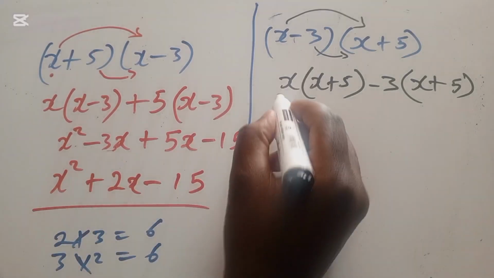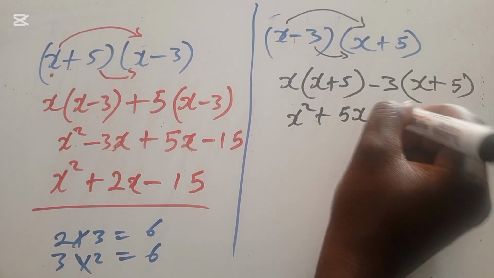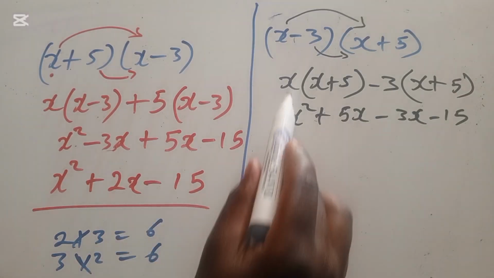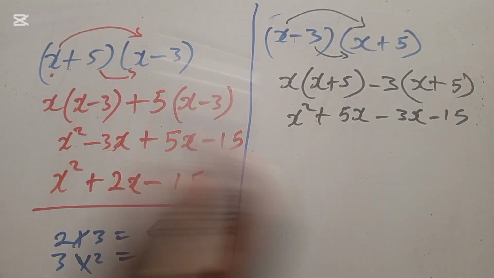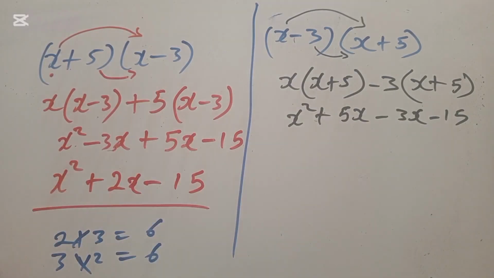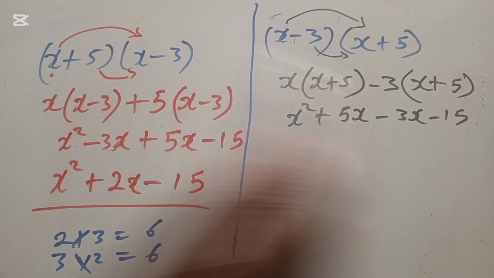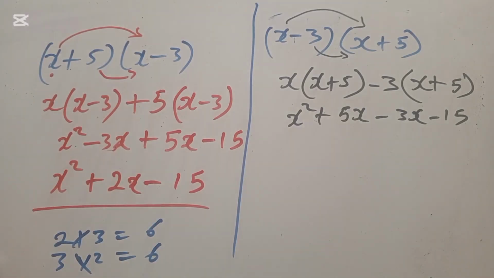Open the brackets. x squared plus 5x minus 3x minus 15. x times x is x squared, x times 5 is 5x. Negative 3 times x is negative 3x. Negative 3 times 5 is negative 15.